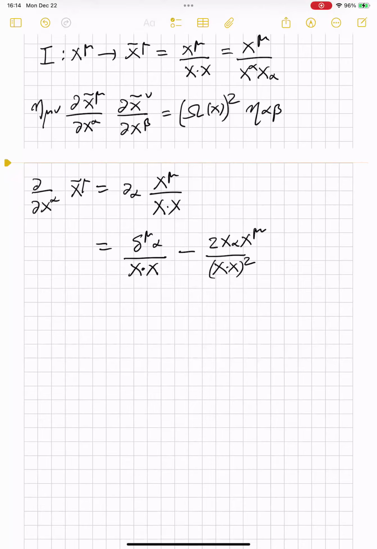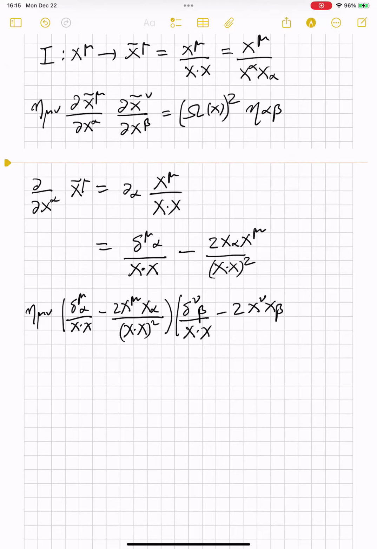So we will have eta mu nu, then we'll have a delta mu alpha over x dot x minus 2 x mu x alpha over x dot x squared into delta nu beta over x dot x minus 2 x nu x beta over x dot x squared. And again, we multiply these out according to the usual rules.